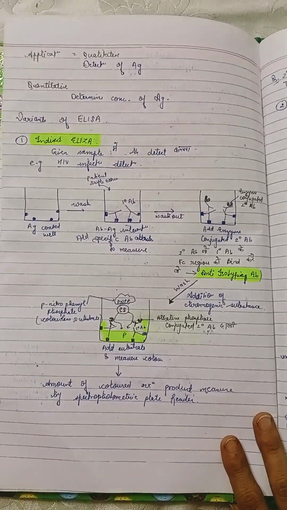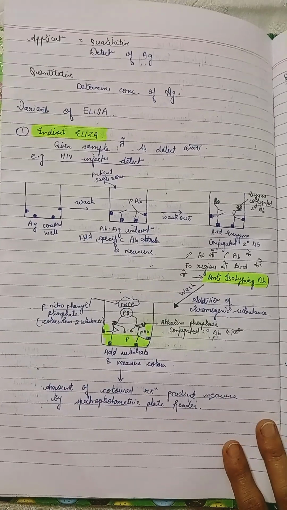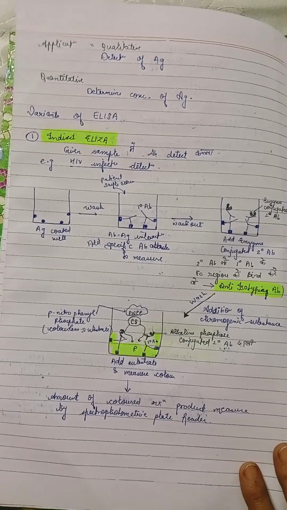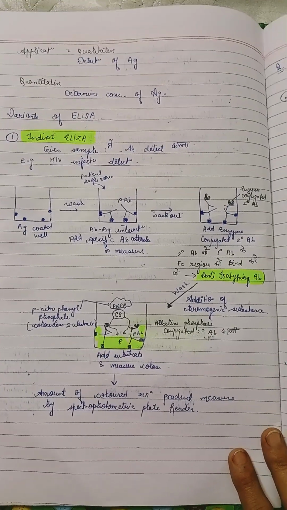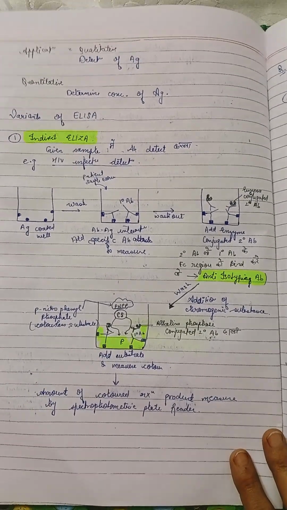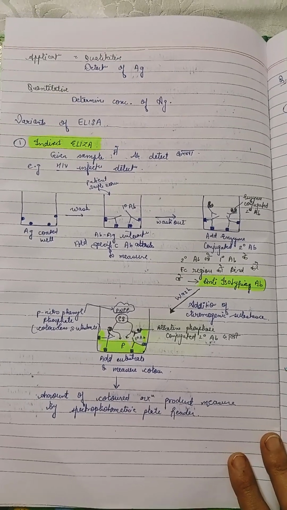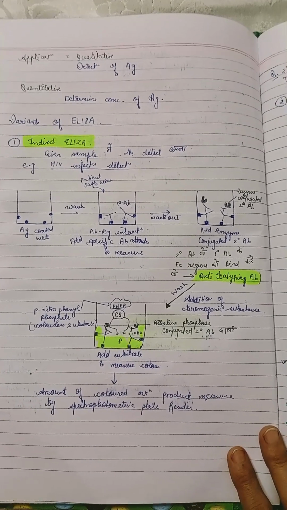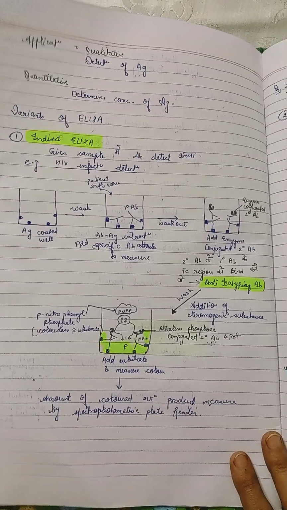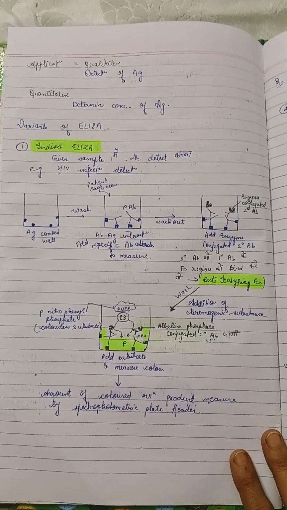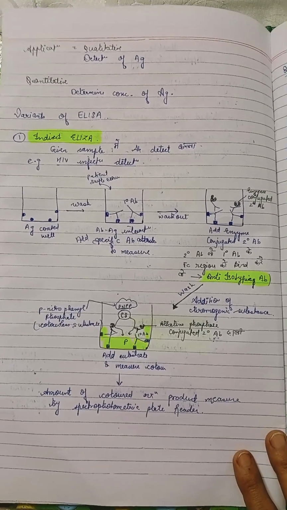There are three types of ELISA. First, I'm going to tell you about indirect ELISA. In indirect ELISA, from a given sample, you can detect antibody. You use an antigen-coated well, wash it, and then add specific antibody, so there will be an antigen-antibody interaction.